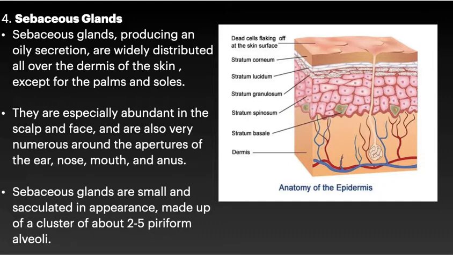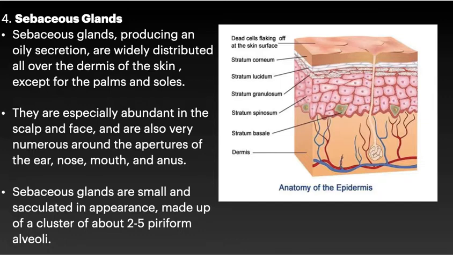Right. So another type of gland, that is the sebaceous gland, produces an oily secretion. The sweat was a watery secretion. They are widely distributed over the dermis of the body except for the palms and the soles. They are especially abundant in the scalp and the face and are also very numerous around the apertures of the ear, the nose, the mouth, and the anus.